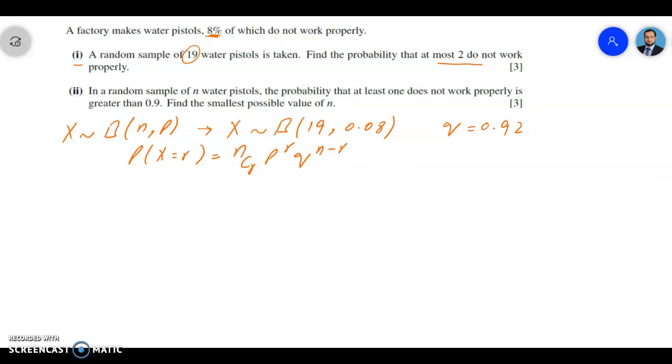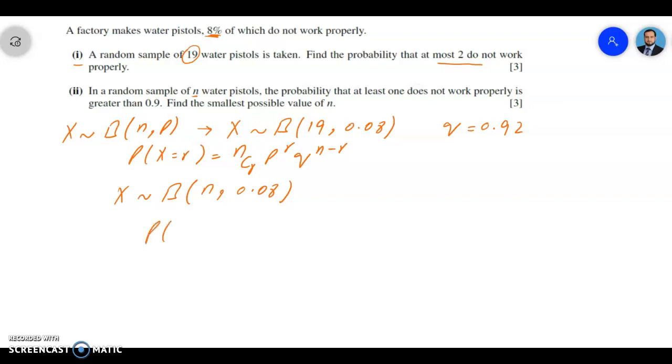Here the random sample size is n, so x is binomially distributed with n trials and the probability of success is the same, 0.08.